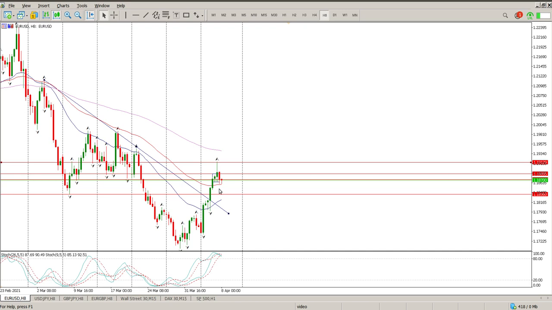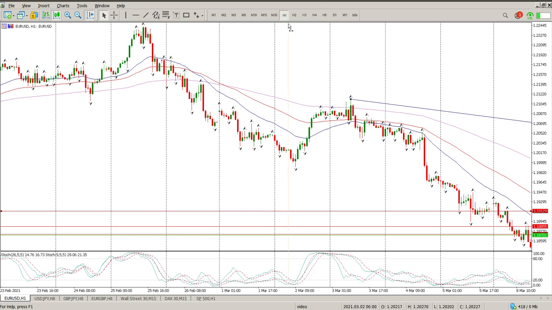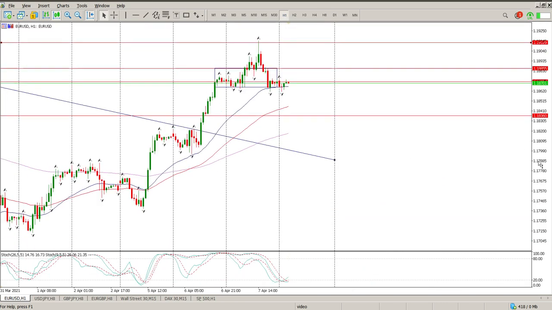So the longer we stay above the 66 and these moving averages start pointing to the upside, sorry, that's the 66, yeah, the 66. As long as we've got that on the higher time frames, then we definitely have potential for a trend reversal, from down to up, and that's kind of what I am seeing at the moment.